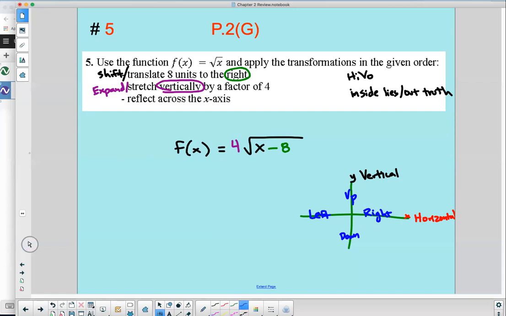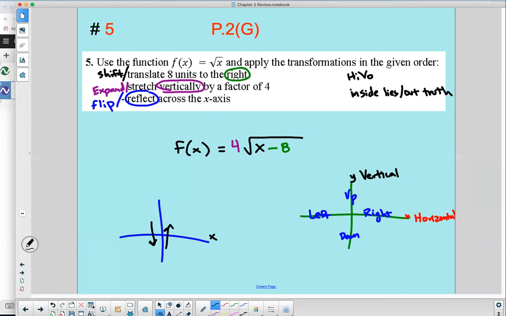Now I have one more here. Reflect. The other word for that could be flip. So they all have different words you could use. It's a flip across the x-axis. All right, let's talk about this because reflections are tricky. If it goes across the x-axis, you're moving this way. Is that a vertical or a horizontal reflection?